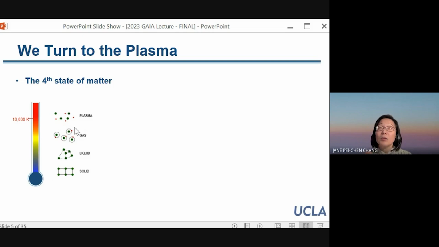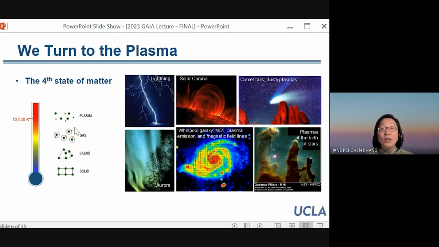This sounds like something you might not have seen, but you actually have seen, right? In nature, most of the lights that we can see in the sky actually comes from a plasma. And some of these images are visible to our naked eye. Some of these images shown here are taken by the Hubble telescope. And yes, the entire galaxy is filled with plasma, the stars.